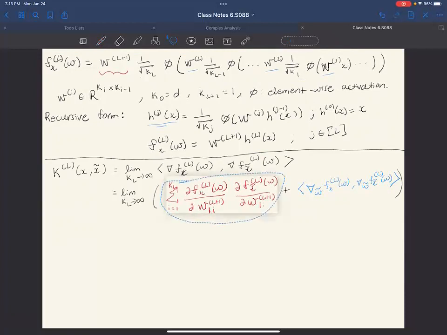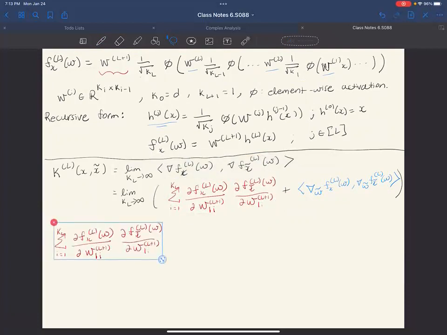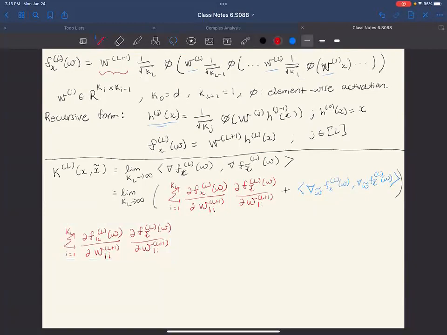How do we evaluate this? Well, it's actually not so bad to compute these derivatives. So let's just do it here. So we're again taking this limit as K_L goes to infinity. So what are the derivatives with respect to all of the other parameters?